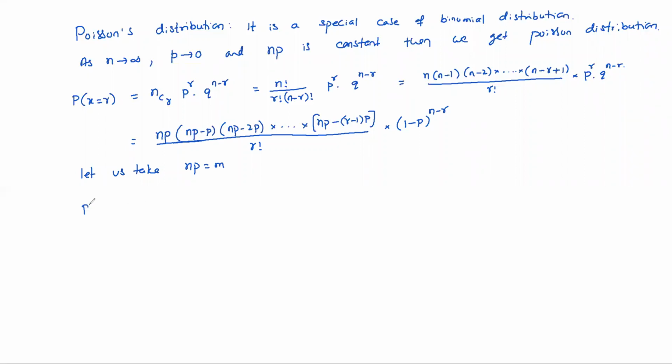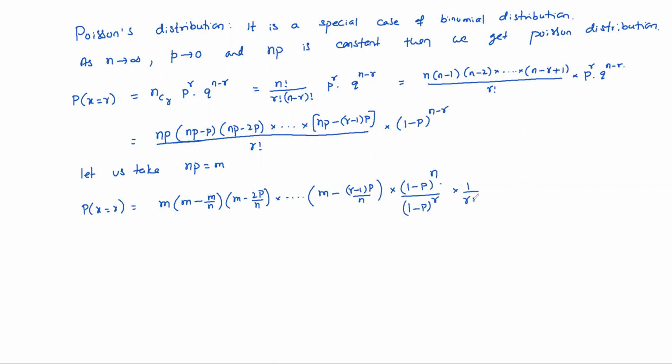Then p of x equal to r will be m into m minus p, where p is nothing but m by n, into m minus 2p by n, and so on, m minus r minus 1 p by n, by r factorial into 1 minus p to the power of n by 1 minus p to the power of r into 1 by r factorial.